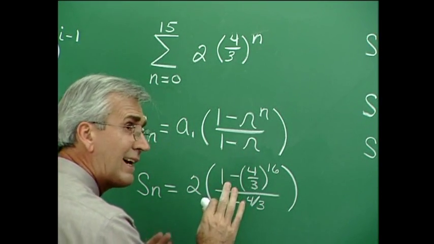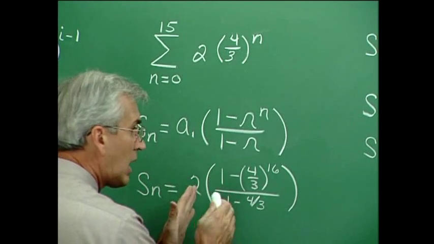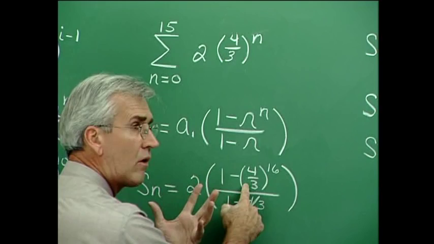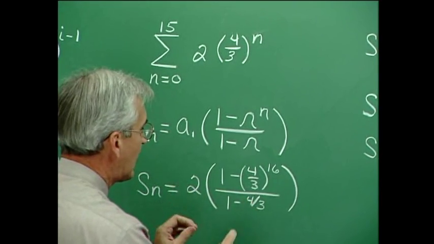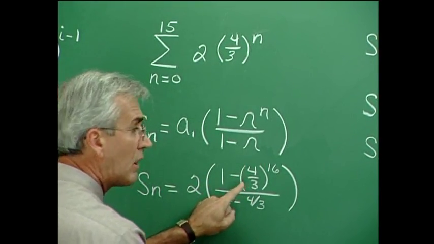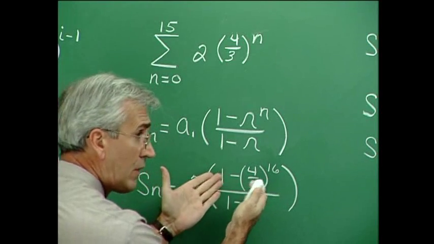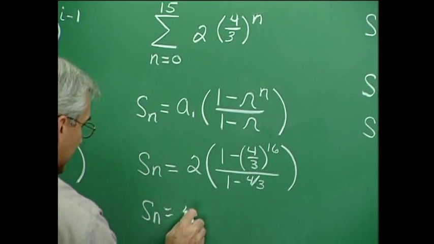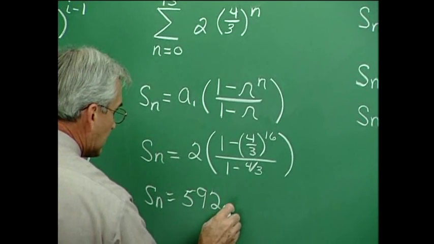Well, it turns out that that error that is created by approximating the decimal is going to create an error in the answer. So don't do that. Use an exact value here and introduce the appropriate parenthesis to accommodate that. At any rate, that sum turns out to be 592.65.